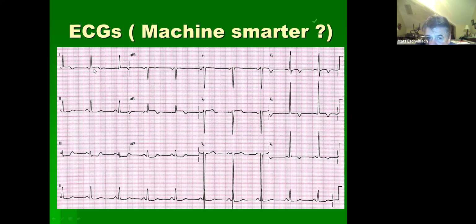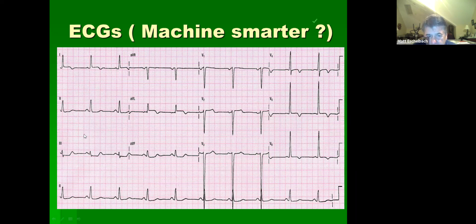If I look at this, that's not quite 2 millimeters, but it's getting there. If I caliper this out, it might be 1.5. And if I look at V5 and V6, what do I notice about these T waves? All inverted. So lateral looks a little spoonish.